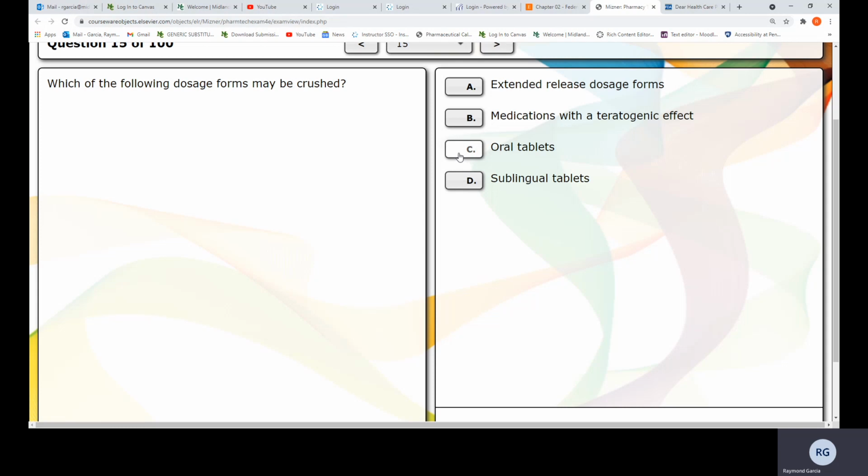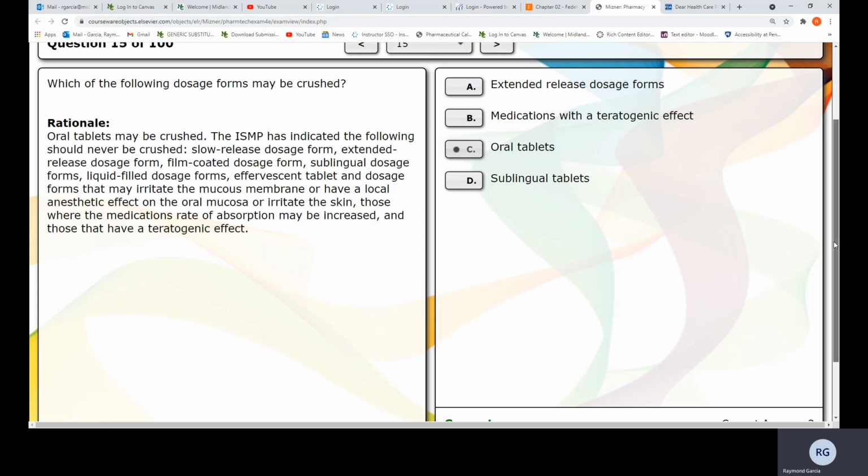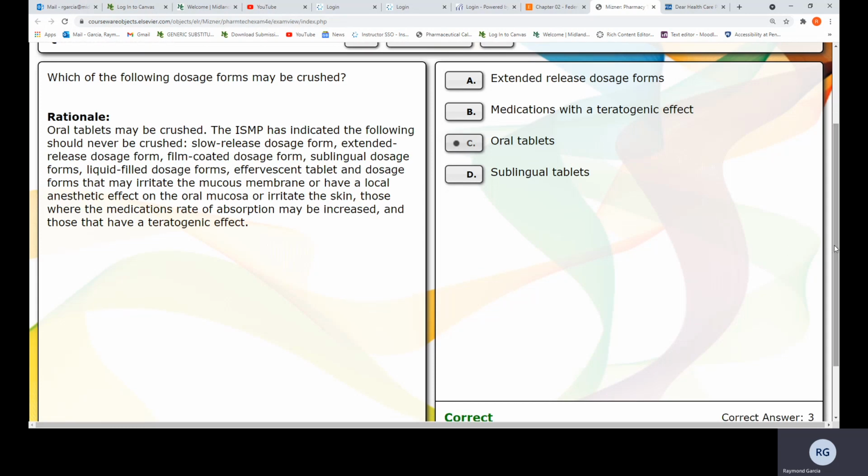So for the most part, it's oral tablets. Oral tablets may be crushed.